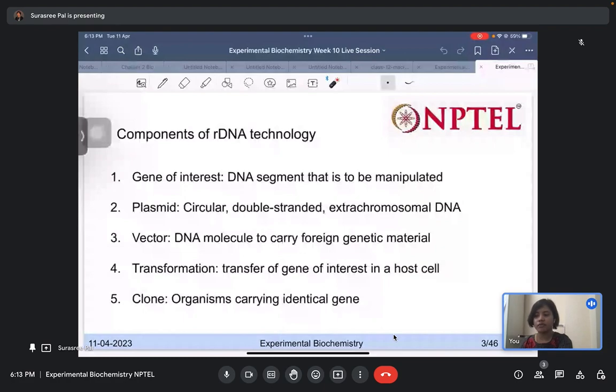So it is the transfer of the gene of interest into the host cell. And then we make clones of that organism. Clones are exact copies, organisms which carry identical genes. I'm going to elaborate on these terms later on. But first, let's talk about an overview of gene cloning.